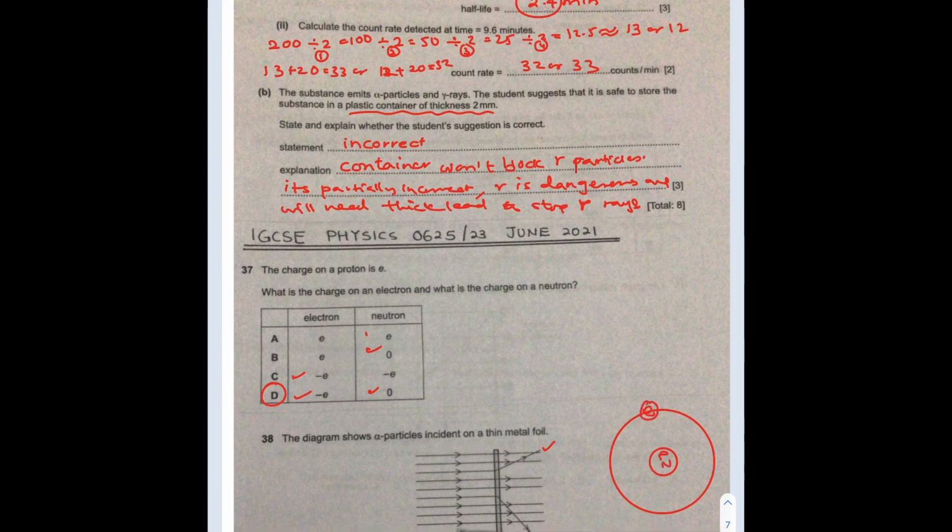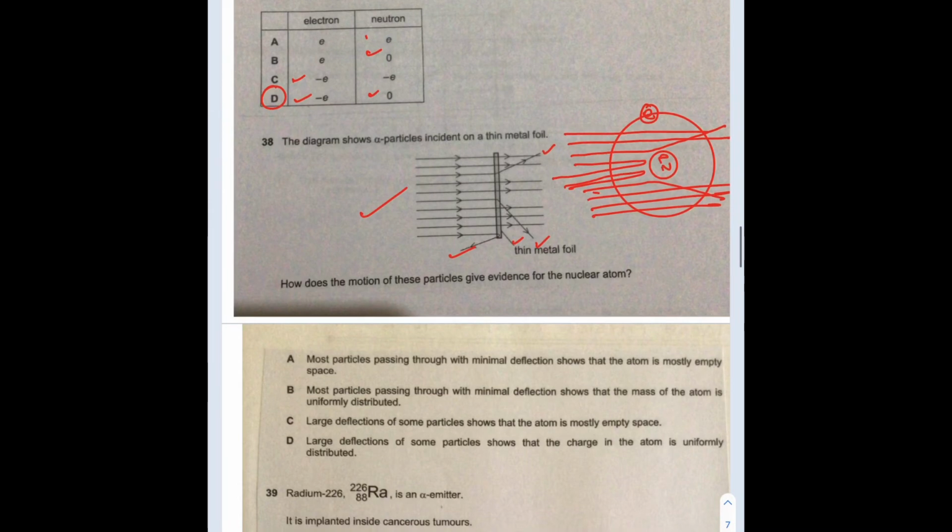Electrons are outside. So when any ray is passing through, it goes undeflected. But if it tries to go closer, it bends. If it goes directly, it's reflected. That's what this is showing.